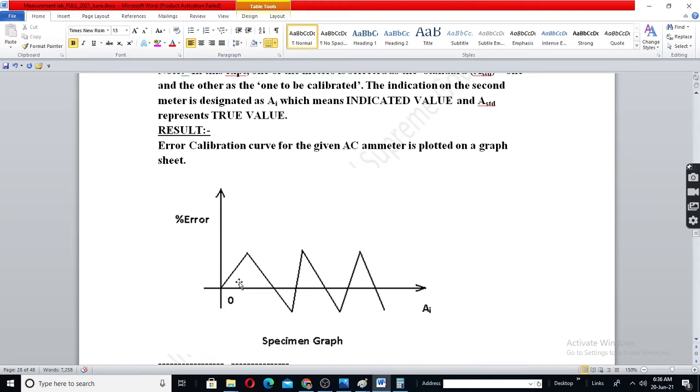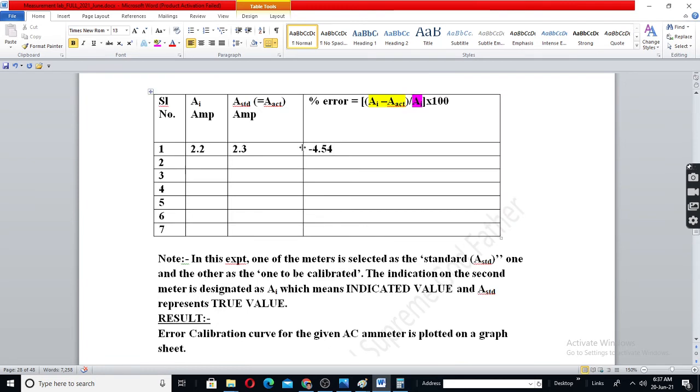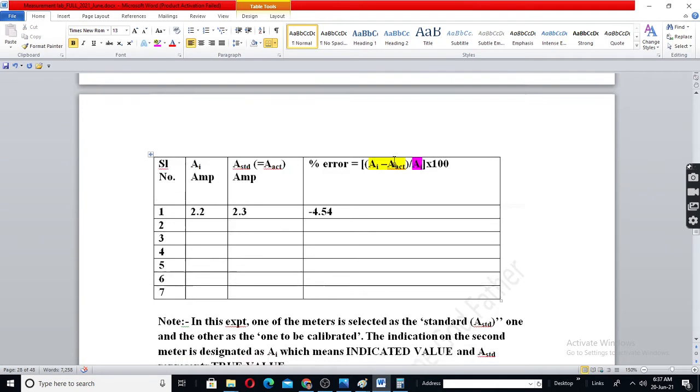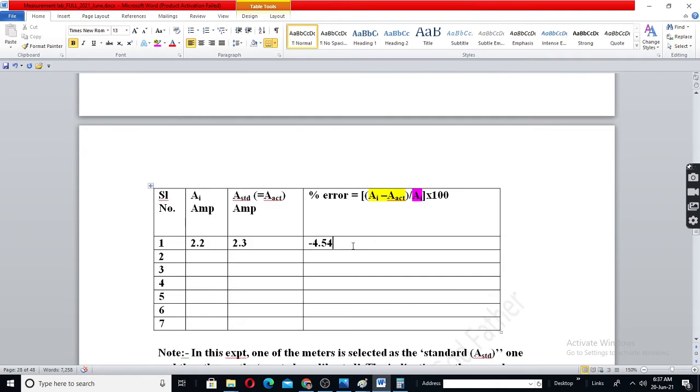But usually you will get either fully positive or fully negative. In the specimen graph, when you write in the first half hour in the examination, you should write like this. After that, when you plot, you plot percentage error versus the indicated value.